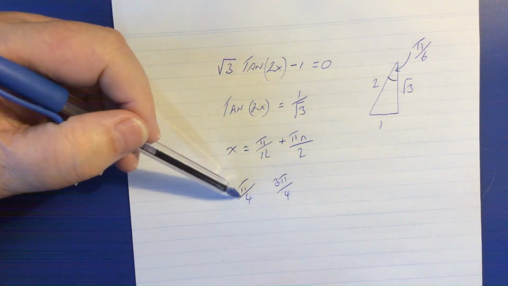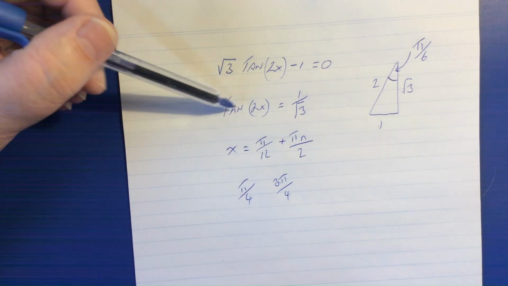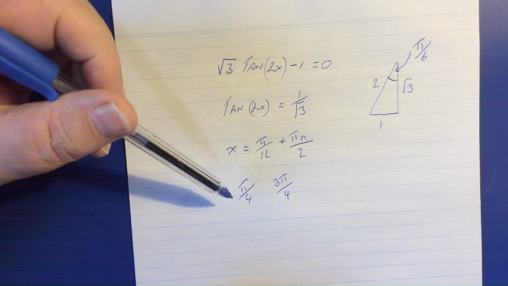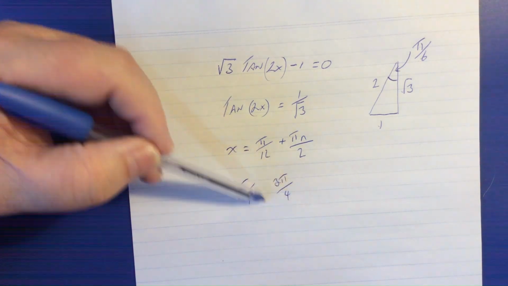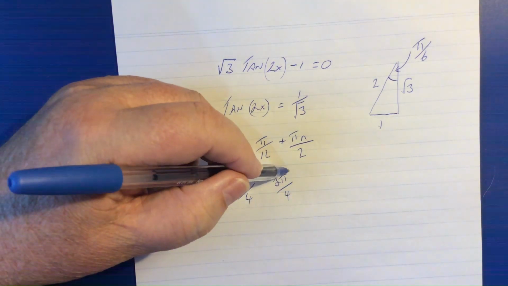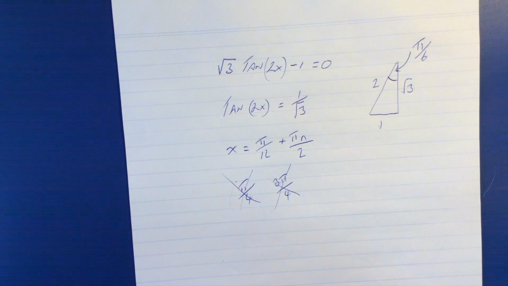If we were to put these values into an equation y equals tan 2x, we would fall on an asymptote, so each of these solutions is actually out as far as a solution to this equation is concerned.